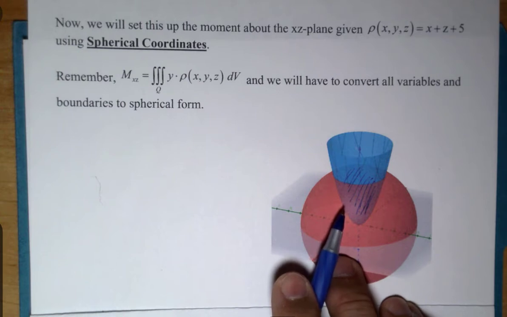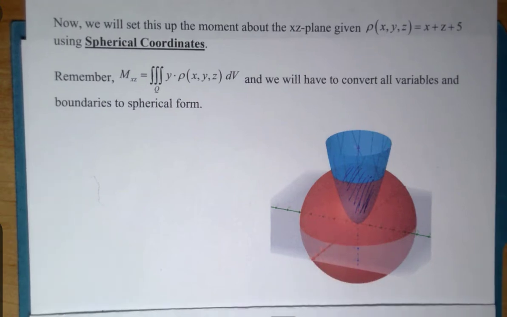But remember, whereas in rectangular and cylindrical you could separate the xy plane and look at the z component separately, that's not always the case with spherical. In fact, many times you have to look at it a little bit differently.